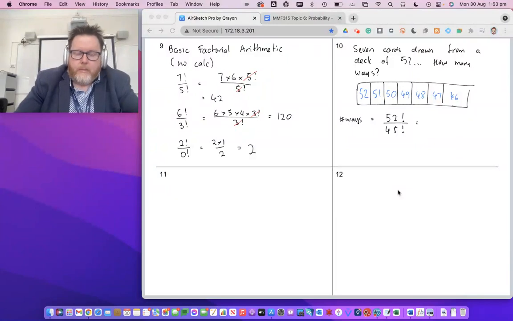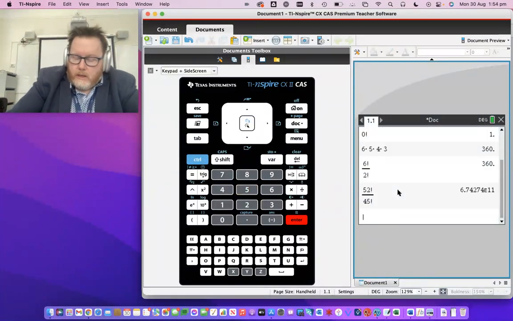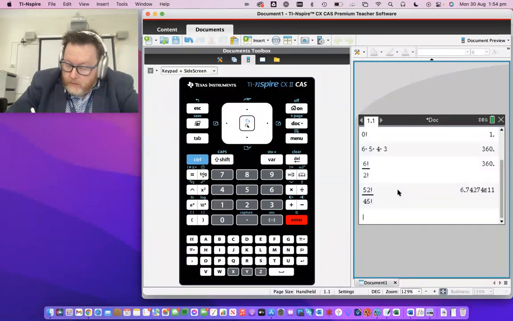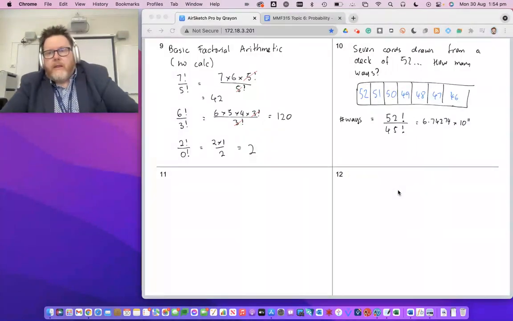Okay, so my calculator operation simply becomes, even though we've made it much more complicated, 52 factorial divided by 45 factorial. And I know you can't see my screen, but I'm going to write that down, 6.74274 e to the 11, which means times 10 to the power of 11. And that is our answer.